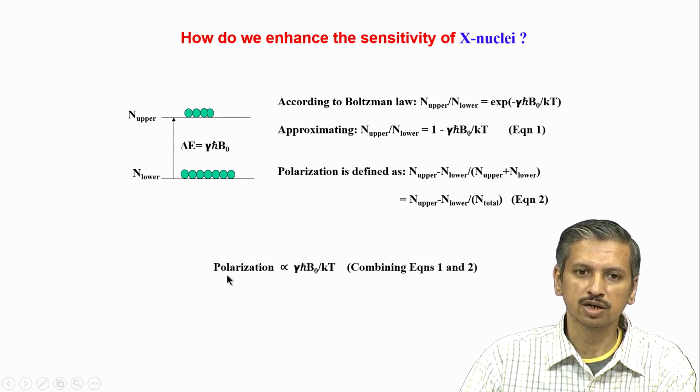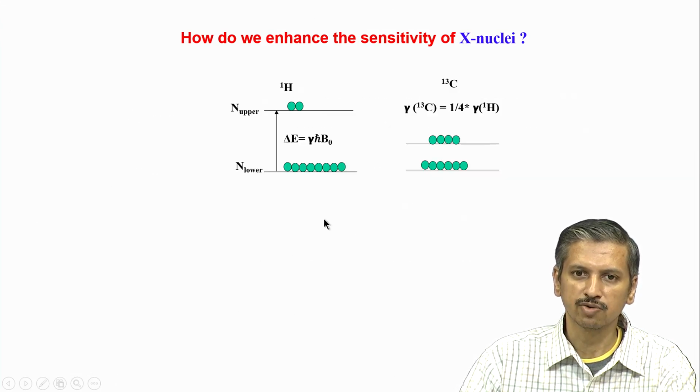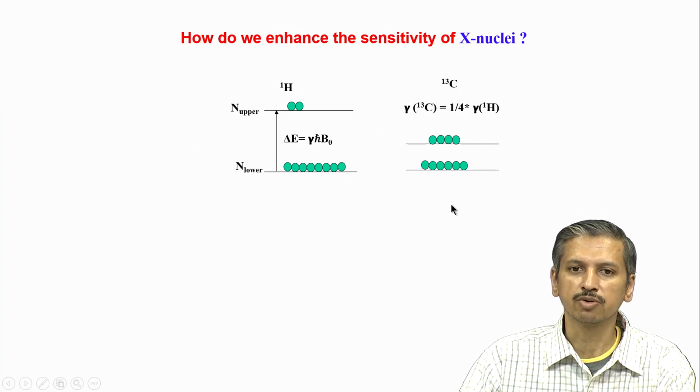So, if the polarization of proton, that is the difference between the upper and lower state of proton, is 8, then for carbon the same difference will be scaled down by a factor of 4, because the gamma of carbon is 4 times less. That is what is depicted in this picture: if the population difference for proton is 8, for carbon it turns out to be 2.